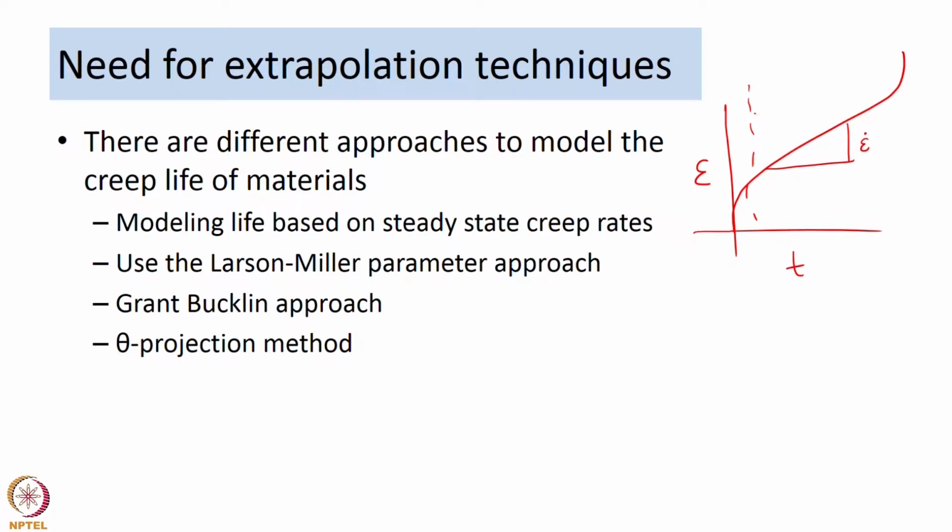What you could do is use this slope, the strain rate from the secondary creep region, and then if you know how much strain your material can be allowed to deform to, say the strain you are interested in is epsilon and the strain rate from the secondary creep region is epsilon dot s, then the time for which your component can run or work for a particular application will be the strain divided by the secondary creep strain rate.